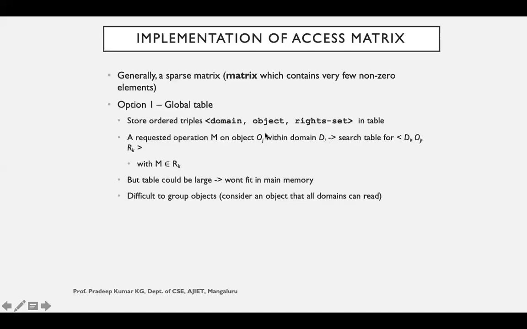Then it will look like this in the global table: first the domain Di, then Oj the object, and then the rights set. The rights set is represented in the form of Rk. Rk is nothing but a rights set: read, write, print, execute, control, transfer, ownership, all this comes into the picture.